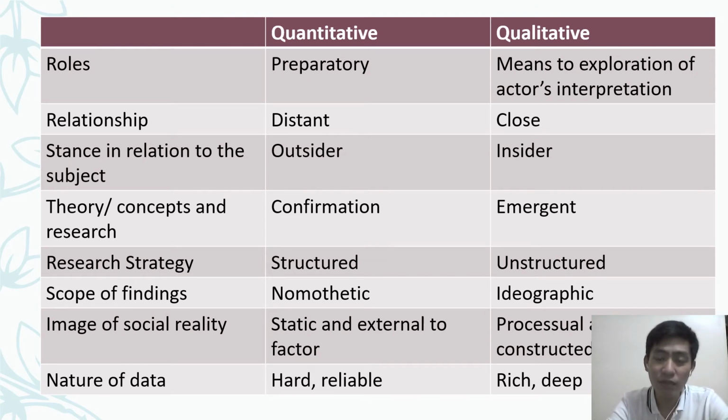However, in qualitative, it's processual and constructed, rich and deep, because based on my research, the lived experiences delve into metaphorically analyzed themes, and it will be more impactful to the readers and the audience.